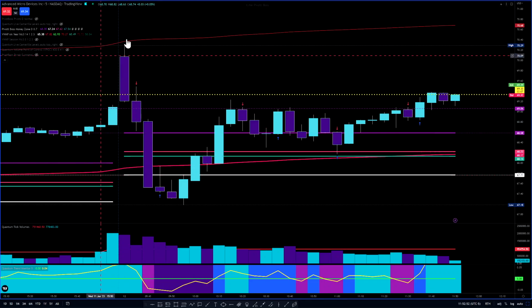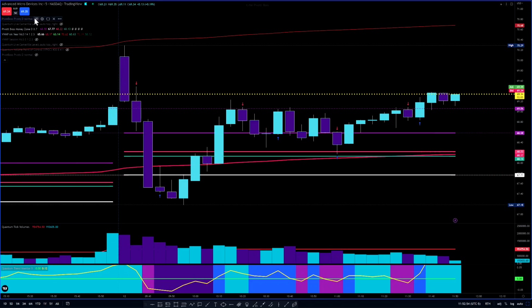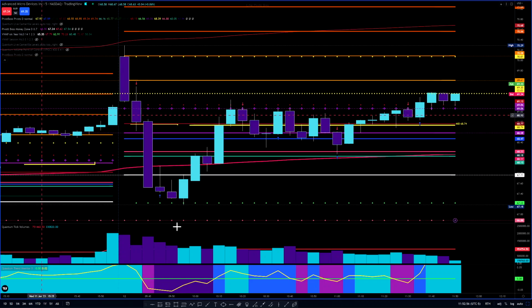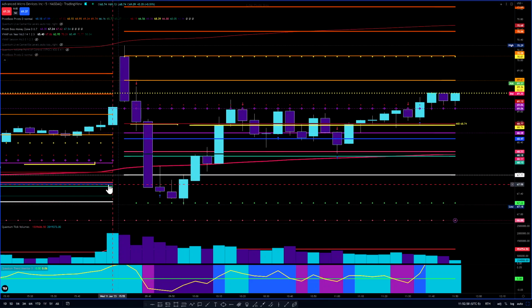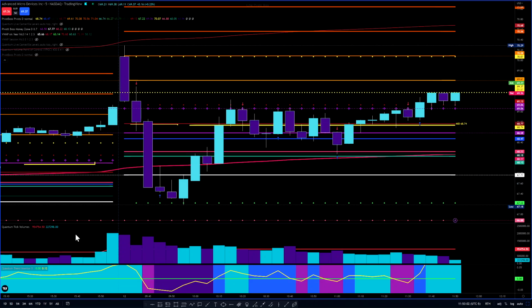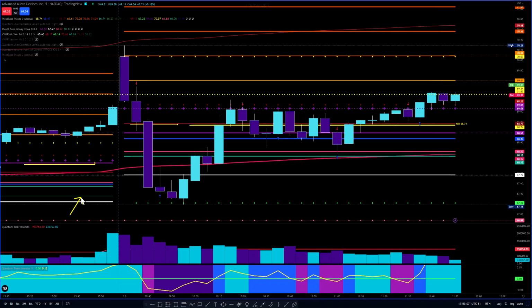We had a gap up open, but let me throw on some of the pivots here. These are the central pivots. This is the BC, this blue line here is the pivot, and this line right here is the TC, the top central pivot.